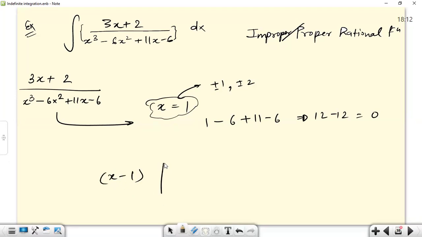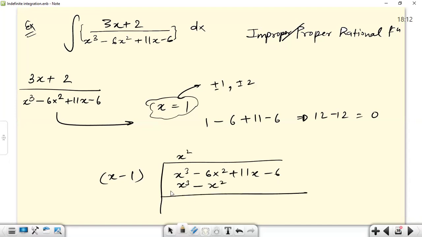We can simply divide the remaining so that we can have other roots. So this will become x squared, x cube minus x squared. Let's change the signs. This x cube minus 5x squared plus 11x minus 6.